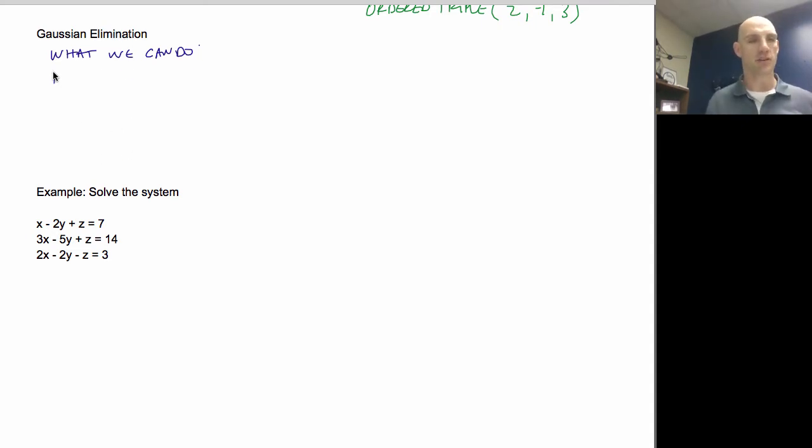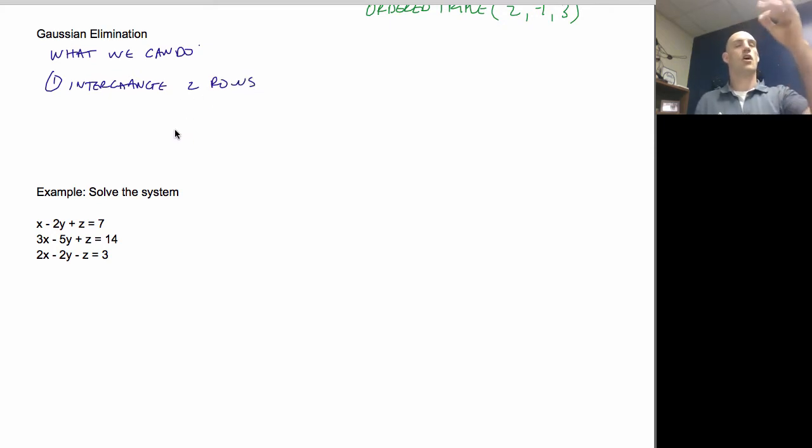The first thing we can do is interchange two rows. So I could switch them around to get one on the very bottom that's going to be more like z equals 3, like we had in the first example.